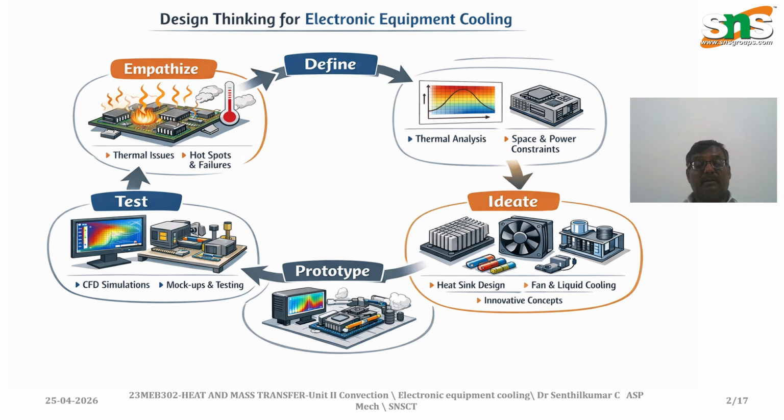In the ideate part, heat sink design and fan and liquid cooling innovation concepts were developed. After that, we go to the prototype. In the prototype, we make a prototype and test it using simulation and mock-up testing. So this is the design thinking based analysis of electronic cooling.